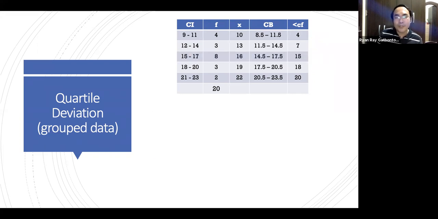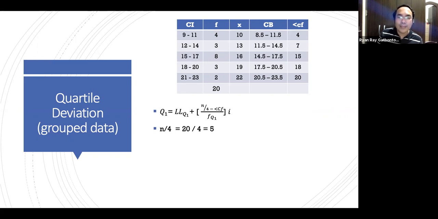The second computation will be determining our first quartile, and we use this formula for the first quartile. The next step will be to locate the first quartile class, for which we use the formula n divided by 4, which is 20 divided by 4, equal to 5.